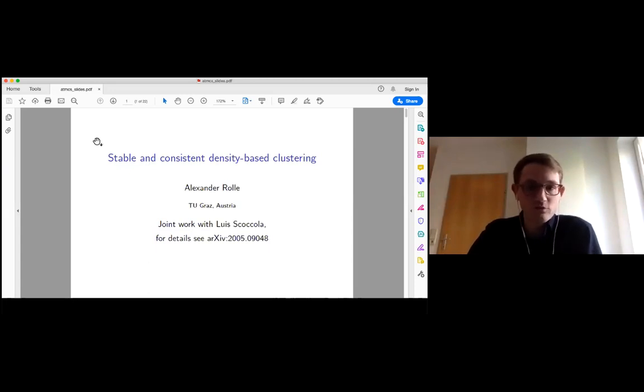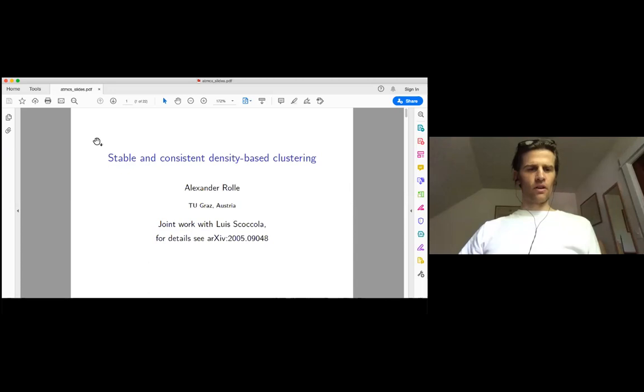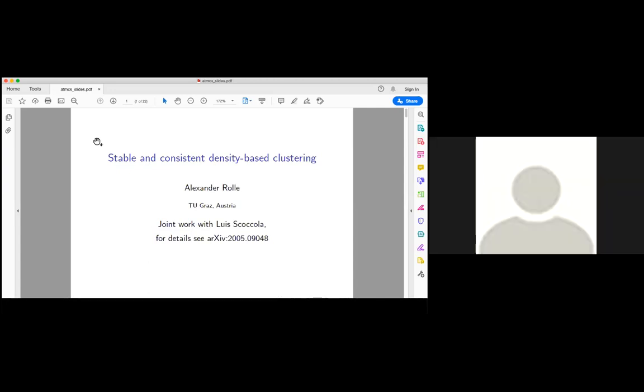So if we let f be a probability density function on Euclidean space, I don't think your slides are displaying correctly. Okay, thank you. We still see your title slide. I don't know if that's by design. Oh, that is not by design, no. Let me try stopping the sharing and starting again.